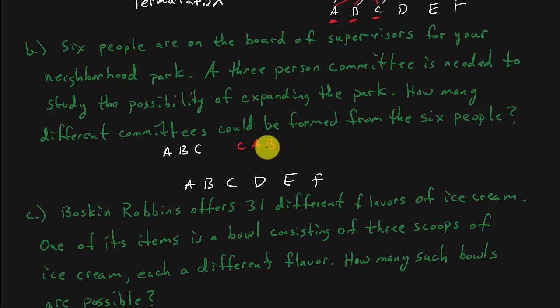No, it didn't, because is a person a president or a vice president or a treasurer? No, they're just people on the committee. You see that? There's no ranking of what position they are or anything like that. It's just these three people are on the committee. So in this case, the order didn't matter, so this is a combination.